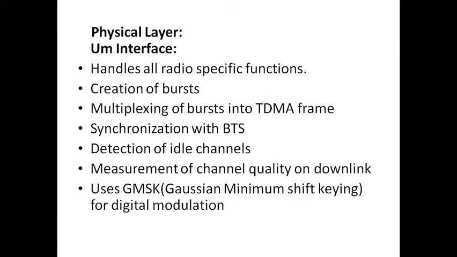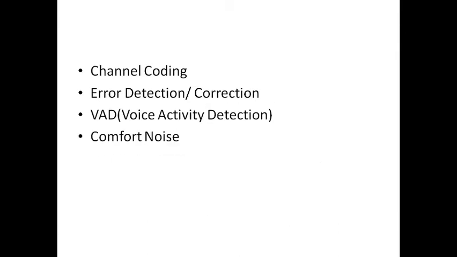Not only this, there are a few more tasks performed by the physical layer. The first one is channel coding. These 4 are considered the main tasks of the physical layer. Channel coding: here coding mechanisms are performed. This coding makes extensive use of forward error correction. We have seen this forward error correction method in bearer services.